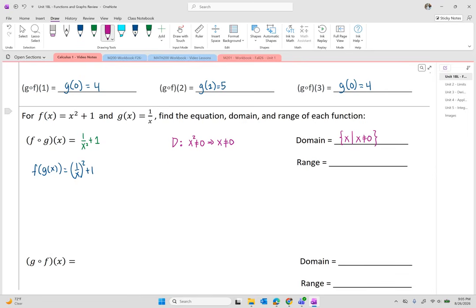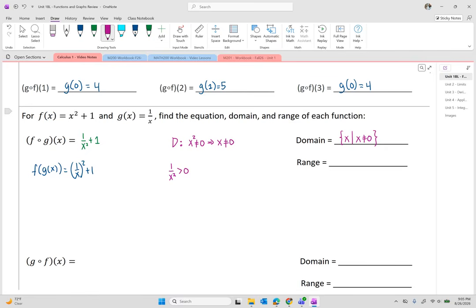And for the range, 1 over x squared is a quantity that is always positive. It is never equal to 0. x must be non-zero. x squared, whether x is negative or positive, will be positive. 1 over x squared will be a number that is always positive. It will never equal 0 because the numerator 1 is not equal to 0.